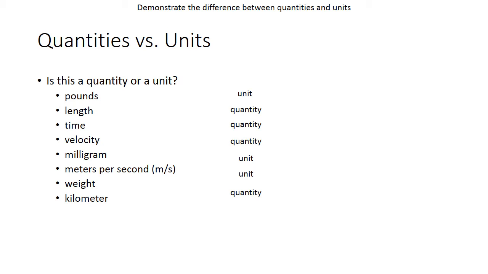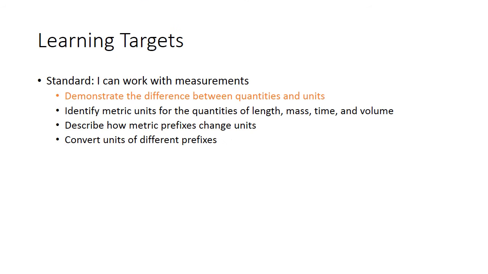Okay, again, not a unit, but you might say, what is the weight of the textbook? That would be a quantity. And then finally, kilometer, however you want to pronounce it, that is a unit. Okay, you measure something's length. You might measure the distance from Lake Mills to Northwood. You might measure that in kilometers. All right, so that's our first learning target, demonstrating the difference between quantities and units.